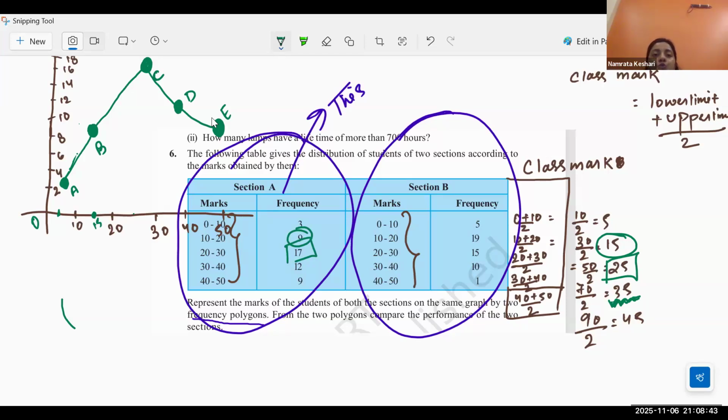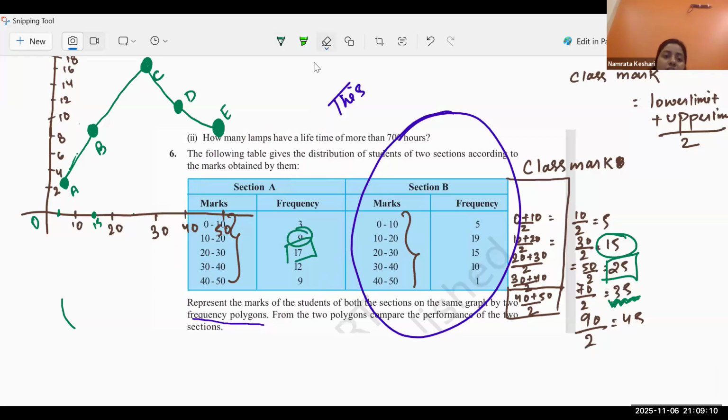By creating a virtual class interval. Before the first class interval, and after the last class interval, we create a virtual class interval by assuming the frequency as zero. Nothing is there as a frequency, right? Okay, let's create it.